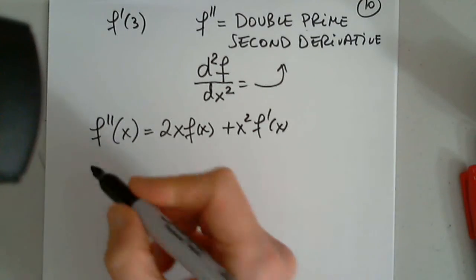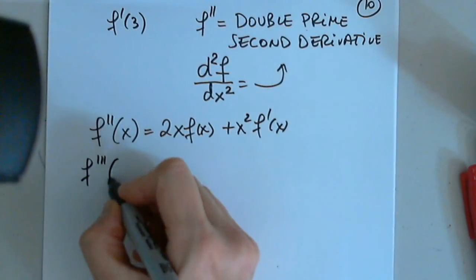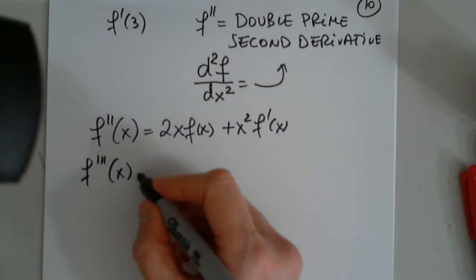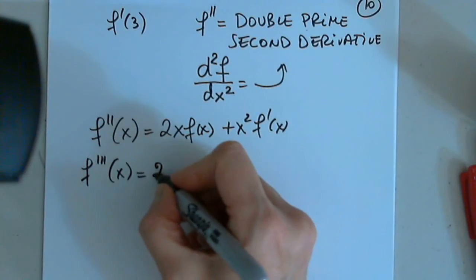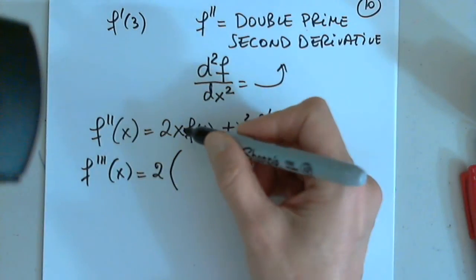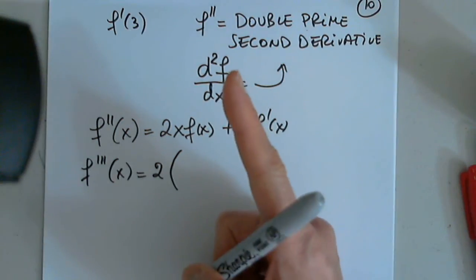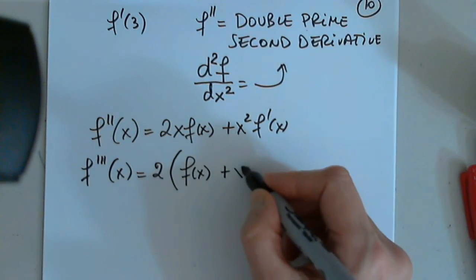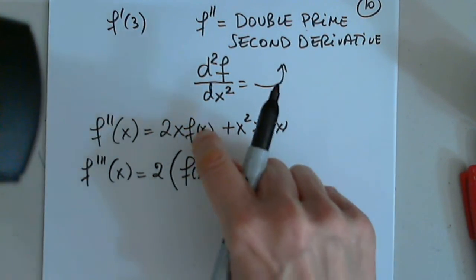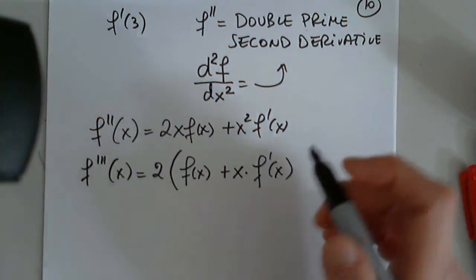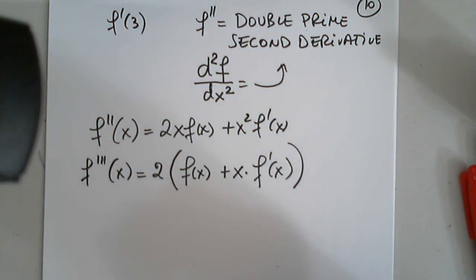So if we want the third derivative of 2x f of x, always keep the constant outside. First function prime is 1 times the second one plus the first function times the second one prime, and then later on I'll distribute 2.